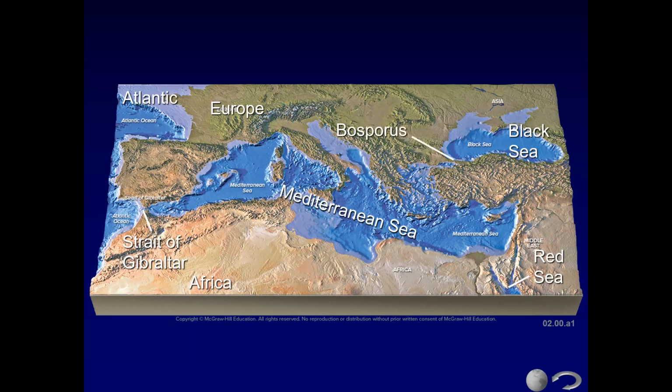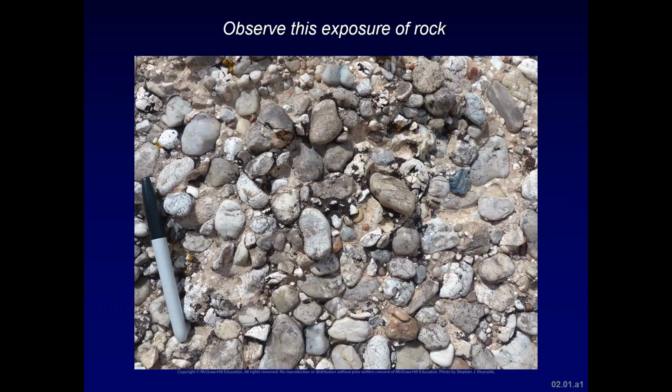There's also the Suez Canal. There was no link here before this canal was dug. But the reason why the Mediterranean Sea continues to exist the way we see it now is because it receives water from the Atlantic Ocean. Precipitation isn't enough to supply it with water. So without that, it would dry up over time. And it has in the past.